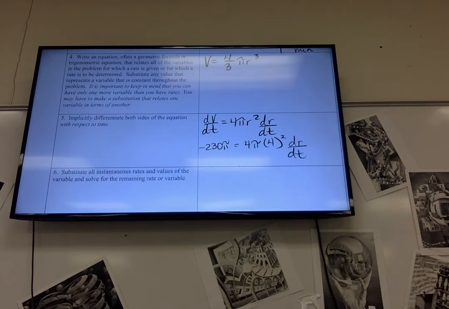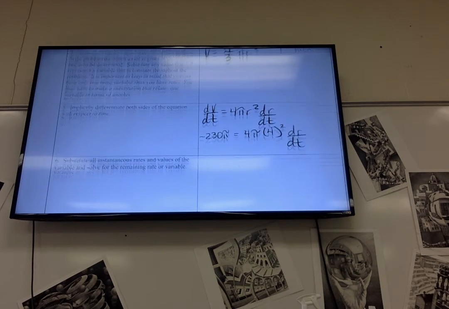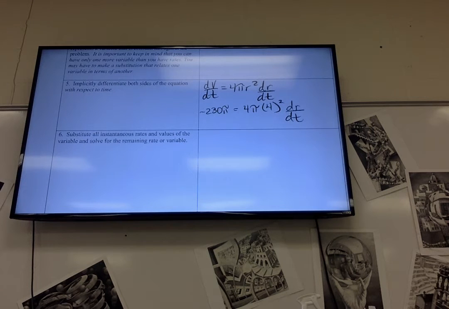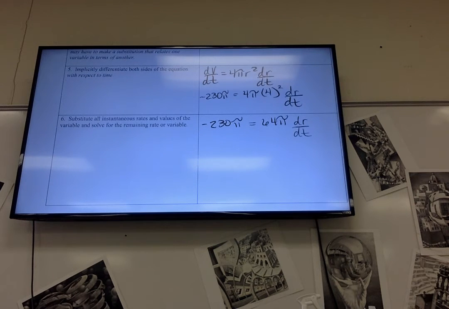So we have negative 230 equals 64 pi, 4 squared times 4, dr/dt. The pis are going to cancel. Divide by 64 pi. You get dr/dt equals negative 230 over 64.